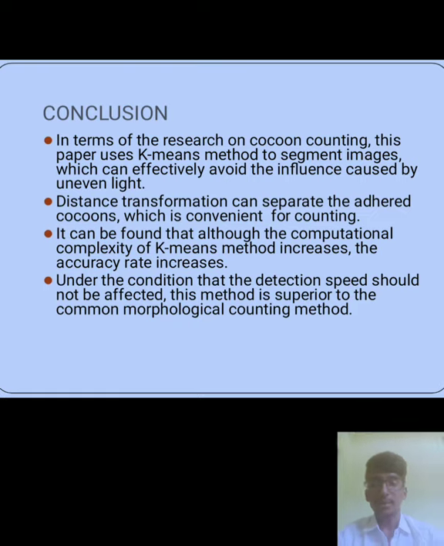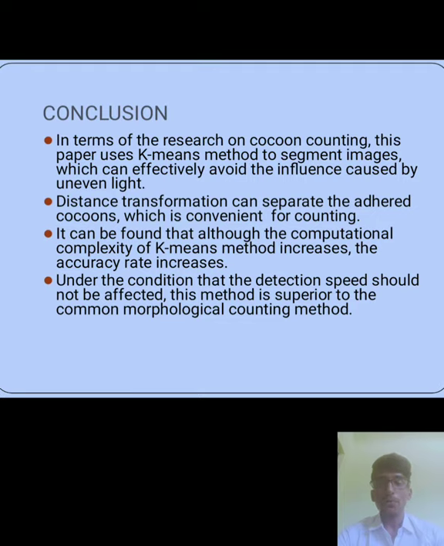So finally, the conclusion. In terms of research on cocoon counting, this uses the k-means method to segment the images, which can effectively avoid the influence caused by uneven light. Distance transformation can separate the adhered cocoons, which is convenient for counting.